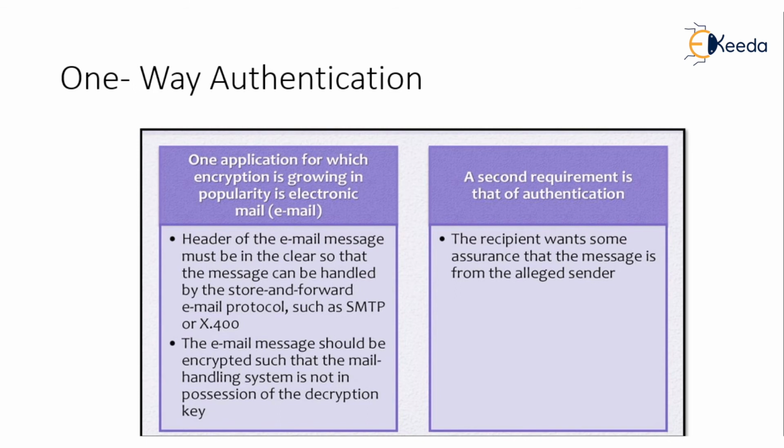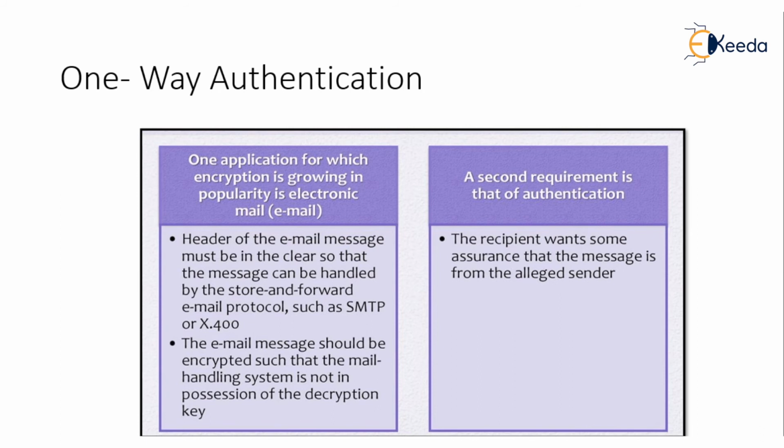The header of the email message must be in the clear so that the message can be handled by store-and-forward email protocols, that is, SMTP or X.400. These are the protocols which help in sending email by providing one-way authentication.